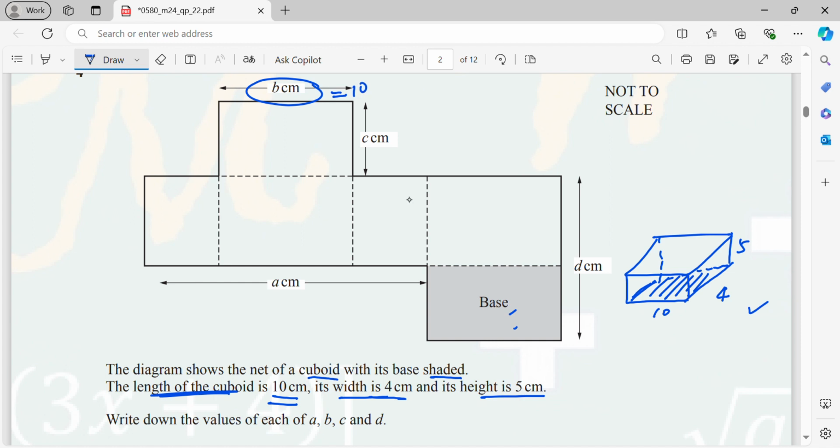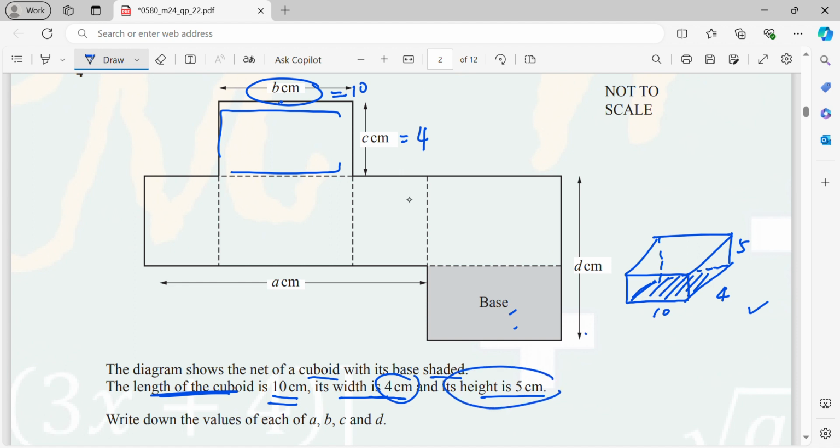That is the base. Look at this rectangle. Now your width is 4. If B is the length, that means C is the width. And when you fold it, this D is the height.